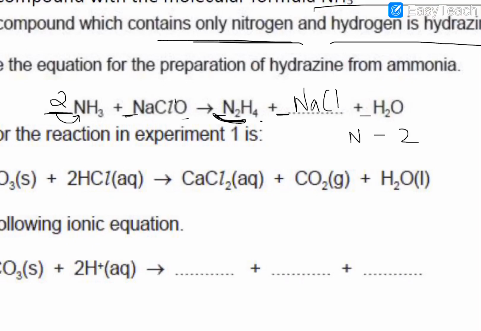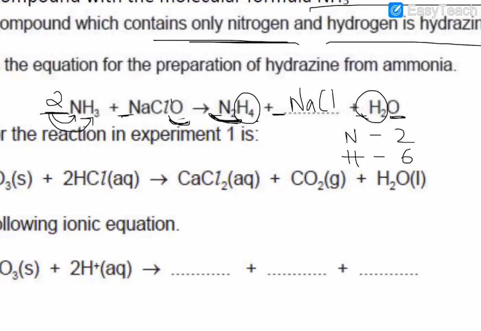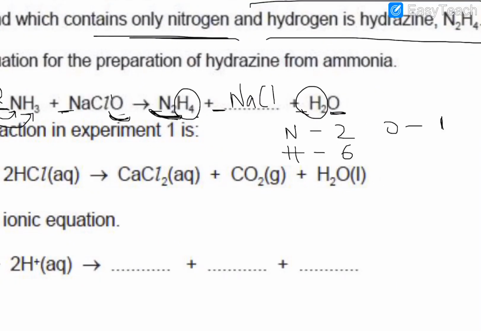Nitrogen, there's 2. Hydrogen, 2 times 3, there's 6 hydrogen, and here as well 4 plus 2, there's 6 hydrogen, so this is balanced. Oxygen, there's just 1, and here you have just 1 oxygen. NaCl, you have 1 Na and 1 Cl, so this is balanced.